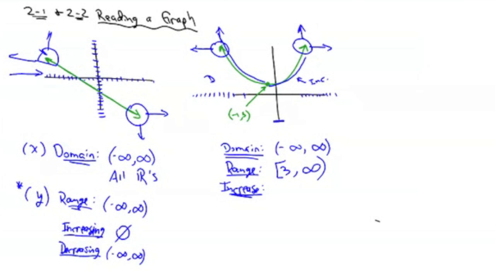This side we are decreasing. Some graphs are like that. Not all of them, but some graphs are. So when is it increasing? What interval? Now, do I look at x values or do I look at y values? Only the x. So it starts increasing when? At -1. And it stops increasing when? Infinity.